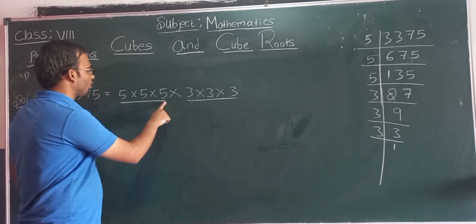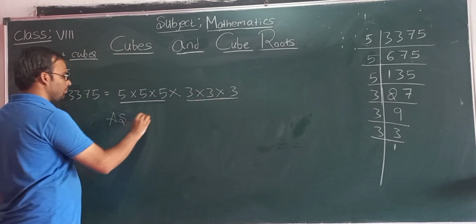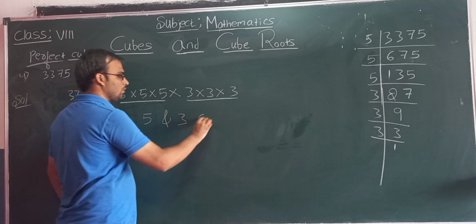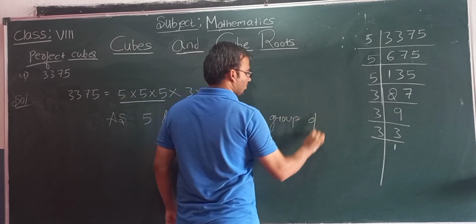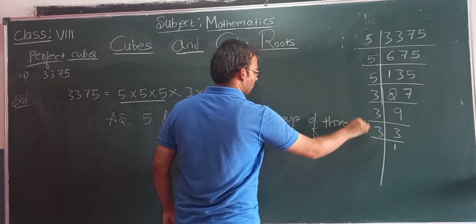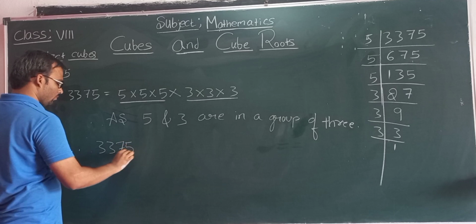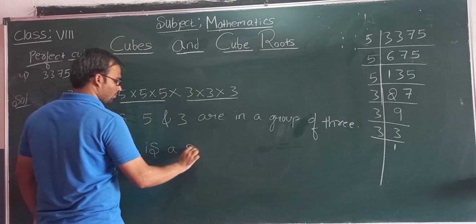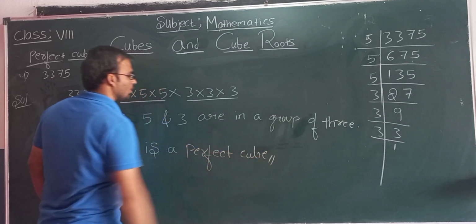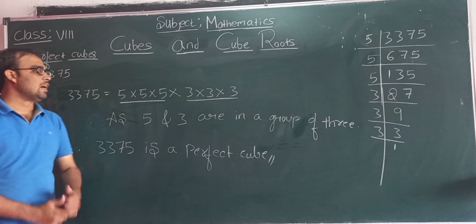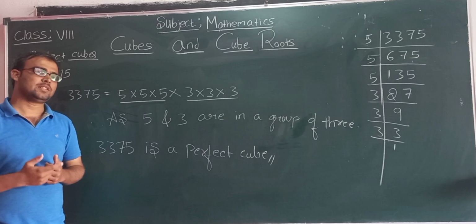So here we have made a group of 5s and 3s. Okay students, as 5 and 3 are in a group of 3, the number 3375 can be considered a perfect cube.